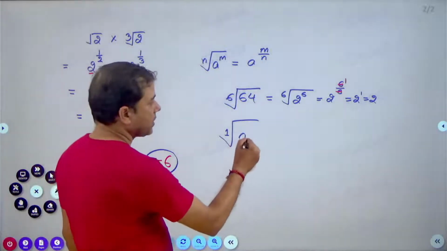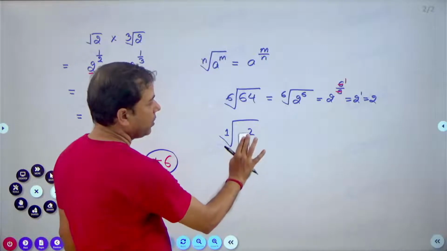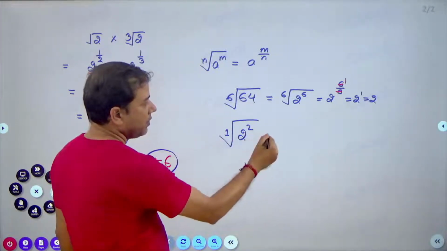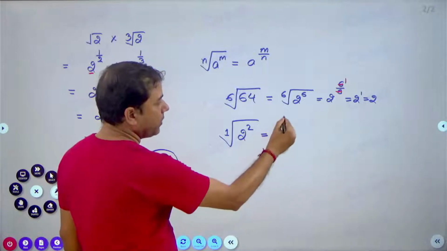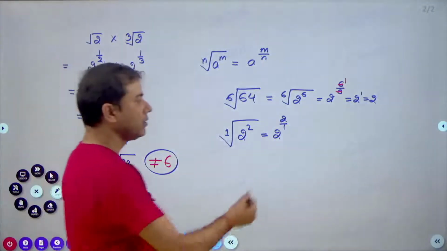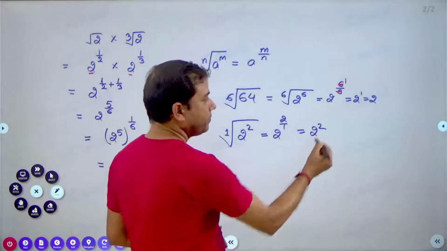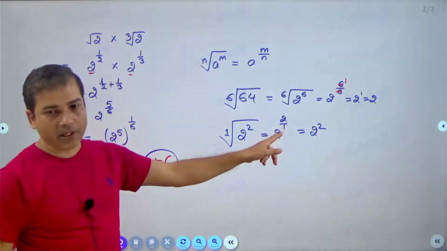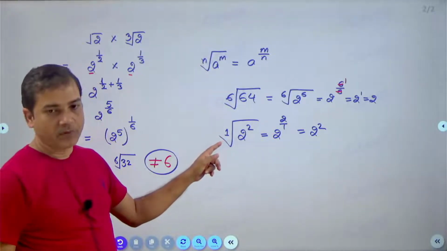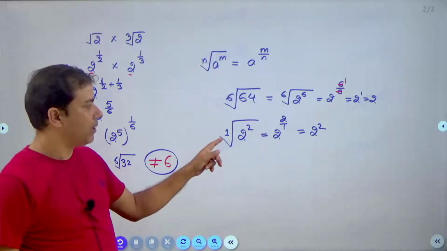Suppose this is a square, or let's take 2 square under this. So it is going to be 2 raised to the power 2 by 1. Making no sense. This is simply 2 square, because 1 in the denominator makes no sense. So 1 can never remain here.